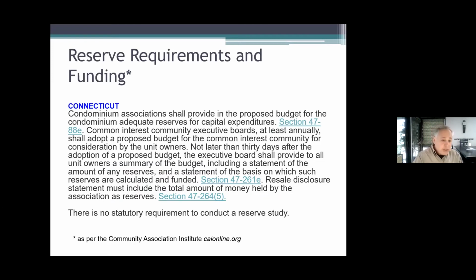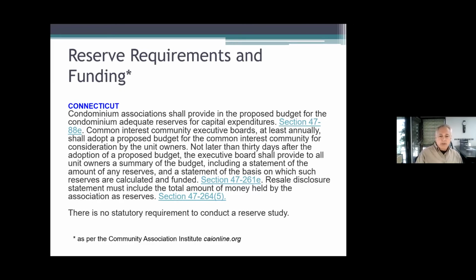In terms of statutory requirements, if you look down the bottom of this slide, it says there is no statutory requirement to conduct a reserve study in Connecticut, okay? The language above talks about other things that are recommended with budgets. By the way, these slides will be available to everybody, so you can get a copy of all this in PDF.